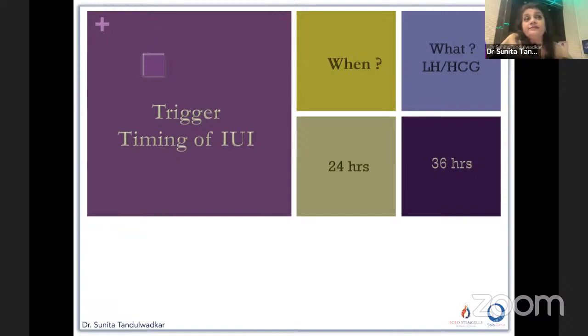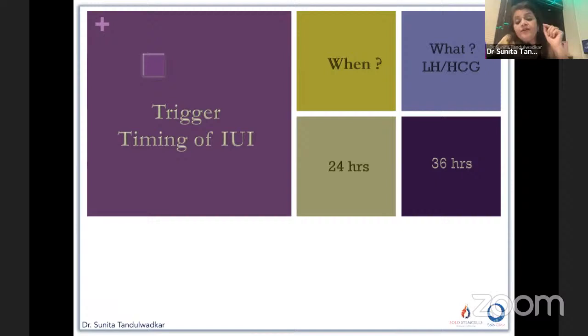Now, in case the follicle is not ruptured, we will still do the IUI, but we call the patient next day morning as early as possible. And if the follicle is ruptured, I will not call her next day. My single IUI is enough.